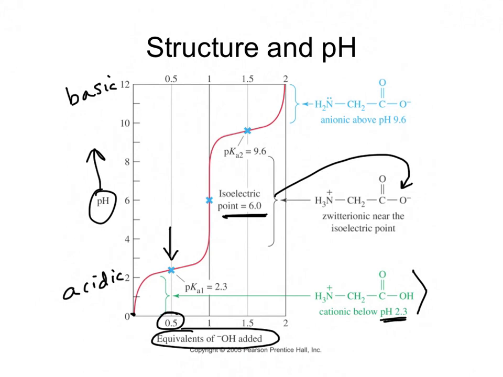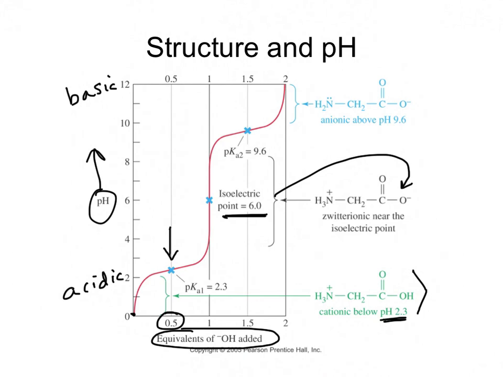And pK2 would have to be halfway between this and the totally deprotonated form, right? So pK2 would be right there at the 1.5 equivalent point. You just measure its pH and you've got the value. So you can tell what the pK value is because it's always at the halfway points.